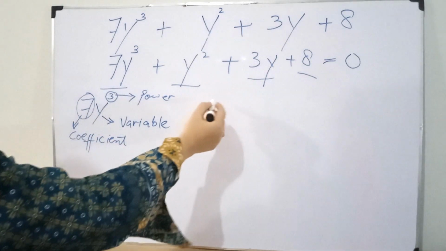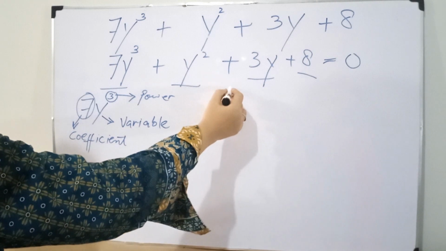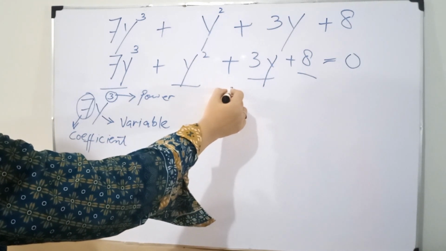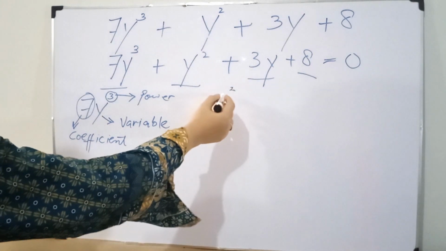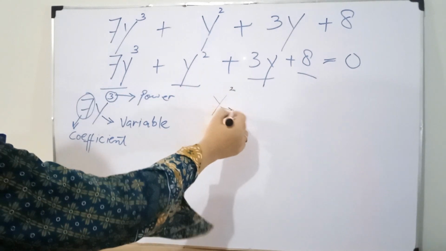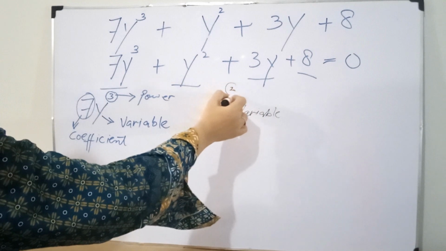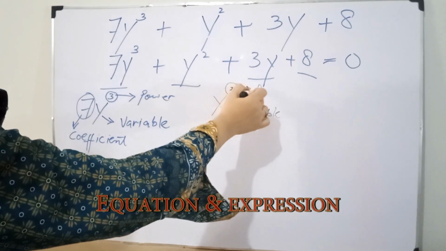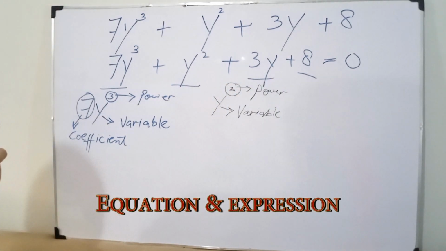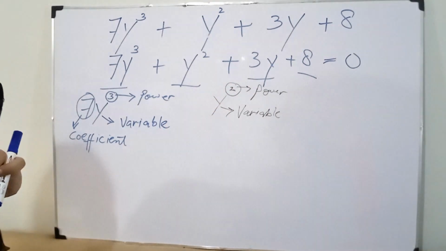Now take the second term. The second term is y square. Again you can see the letter y is the variable and the number written on it is the power, but the coefficient is not present here.